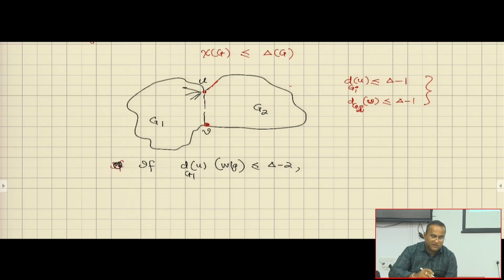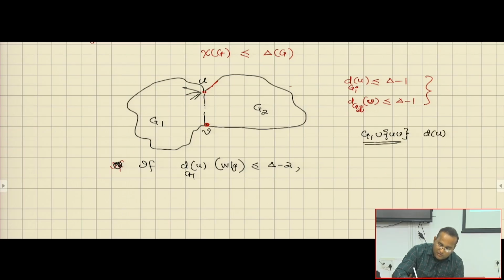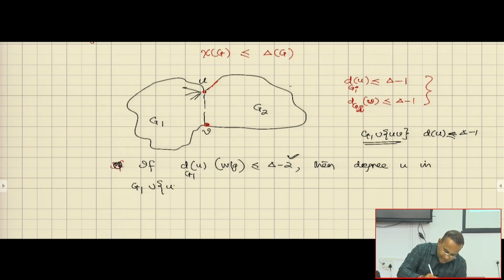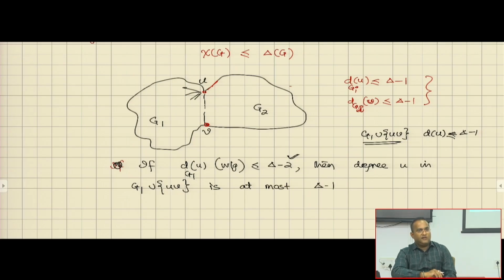Color G1, so consider G1 union the edge UV. Whatever the degree of U over here, it will be at most delta minus 1 because we have assumed this. Then the degree of U in G1 union UV is at most delta minus 1, so we can get a delta coloring of G1.